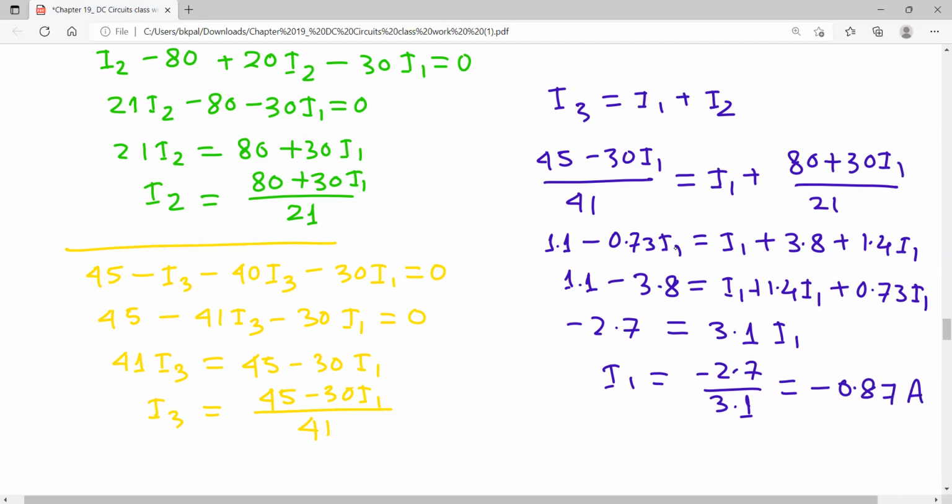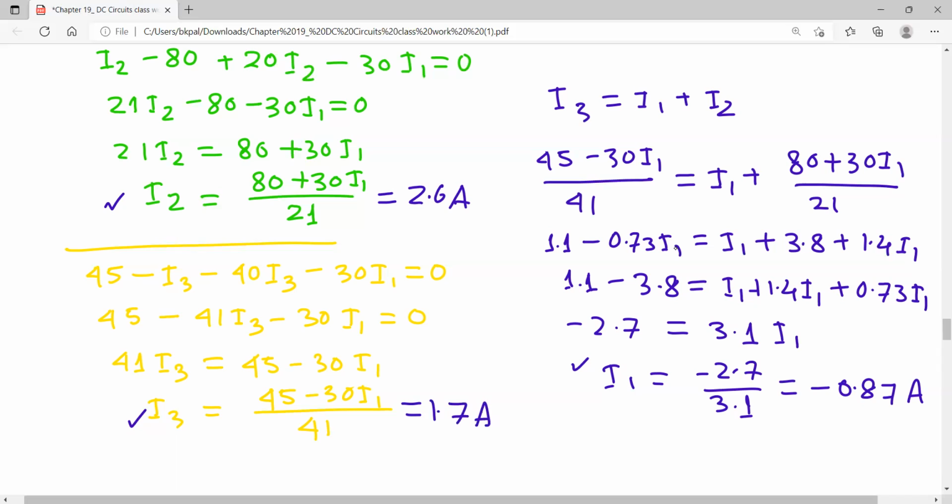Now you can just substitute this value in this equation and in this equation, and you will get I2 and I3. If you do that, you will get I2 equal to 2.6 amp, and I3 will be equal to 1.7 amp.